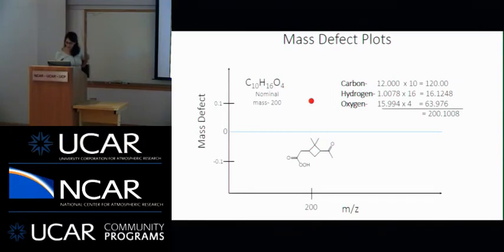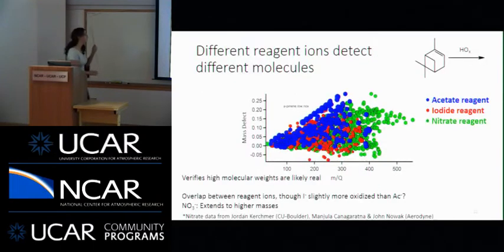If we look at this figure here, what you see is that we have some things that are slightly more oxidized. So one could perhaps say that nitrate measures things that are slightly more oxidized than acetate and I-, and maybe acetate sees things that are slightly less oxidized.